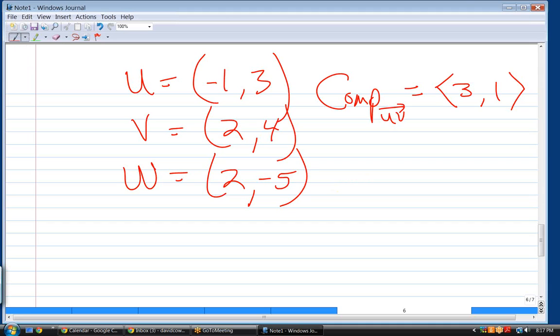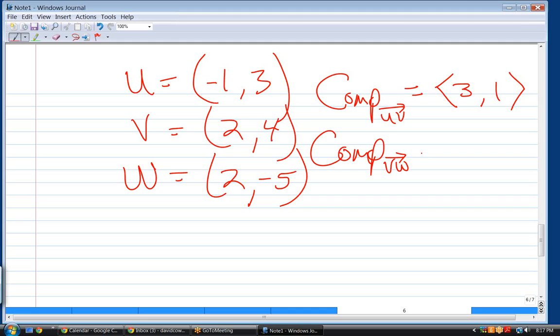Yeah, this part's also pretty straightforward. VW is an interesting vector. Let's look at VW before we go on, because this is going to illustrate what I was talking about before. So what's the component of VW, first of all?